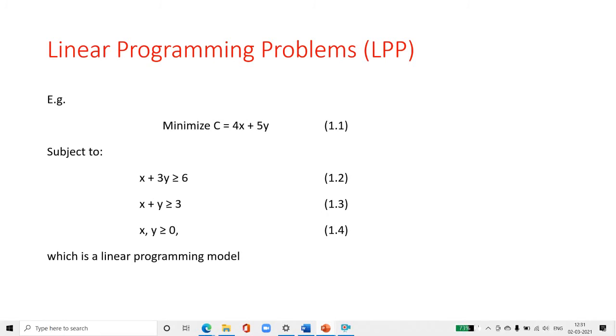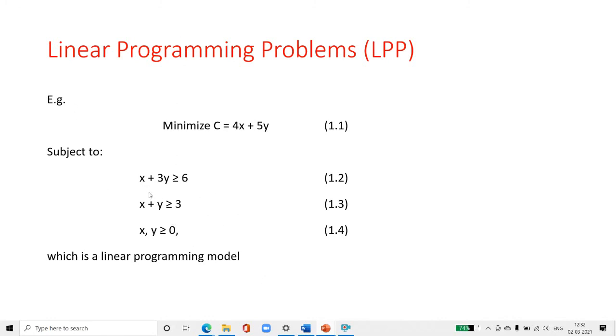In business we require minimum cost and maximum profit. This is our main objective, and all these objectives are subject to the resources we are using. This is called our constraint.